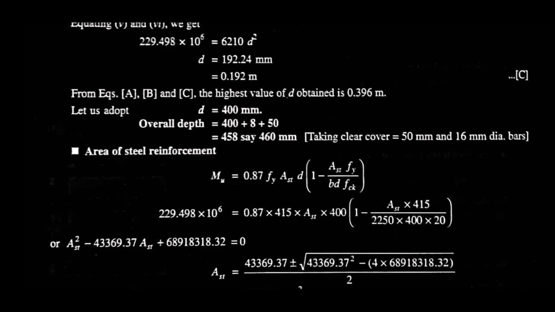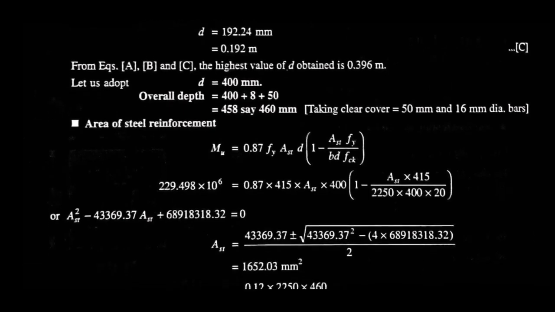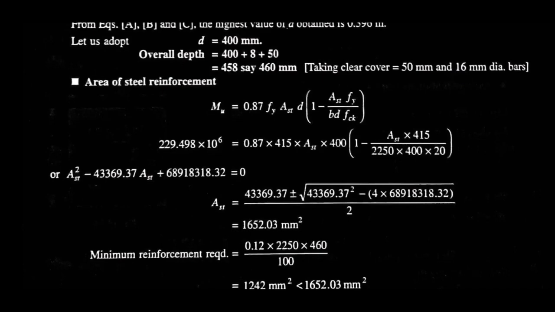Therefore 229.498 into 10 to the power 6, that is the value of Mu, is equal to 0.87 into 415, that is fy, into Ast, which we have to find out, into 400, that is d, within bracket 1 minus Ast into 415 by 2250, that is b, into 400, that is d, into 20, that is fck, or Ast square minus 43,369.37 Ast plus 68918,318.32 equals to 0.